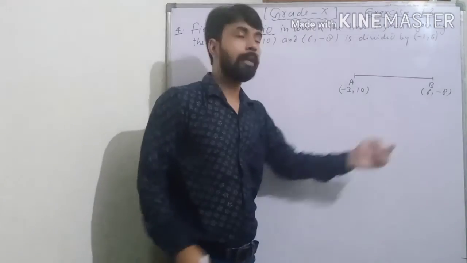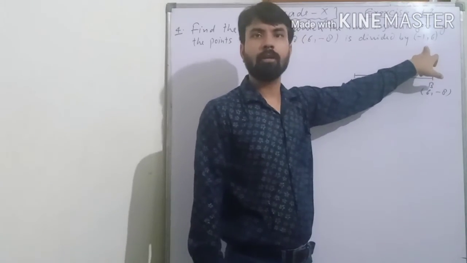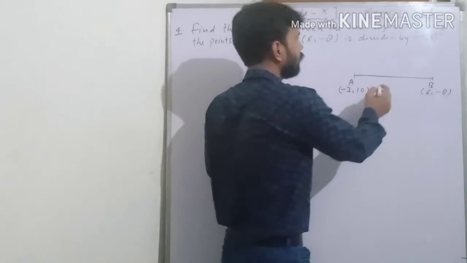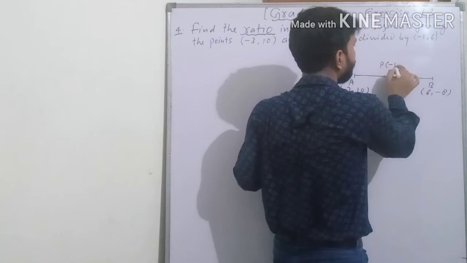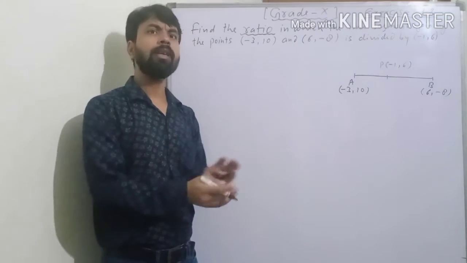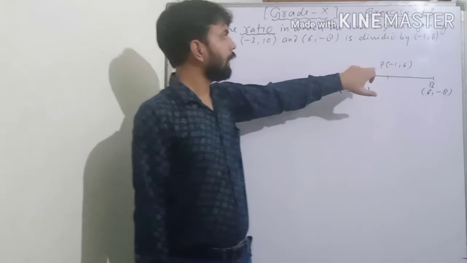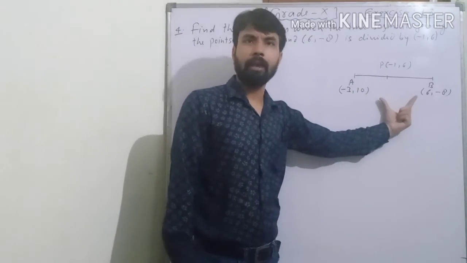This line segment is divided by this point minus 1, 6. Consider there is a point P whose coordinates are minus 1, 6. Clear? Now we have to tell in which ratio the point P divides the line segment AB.